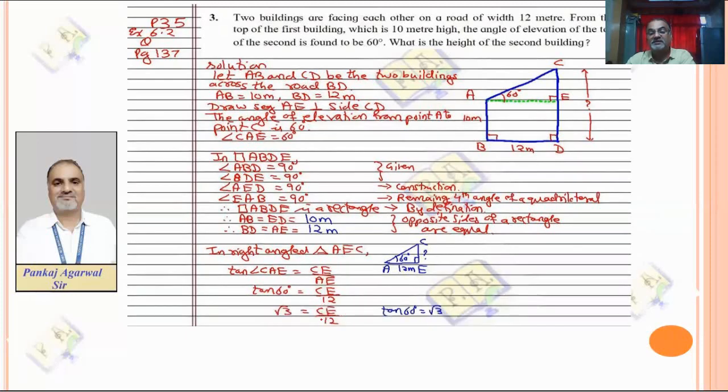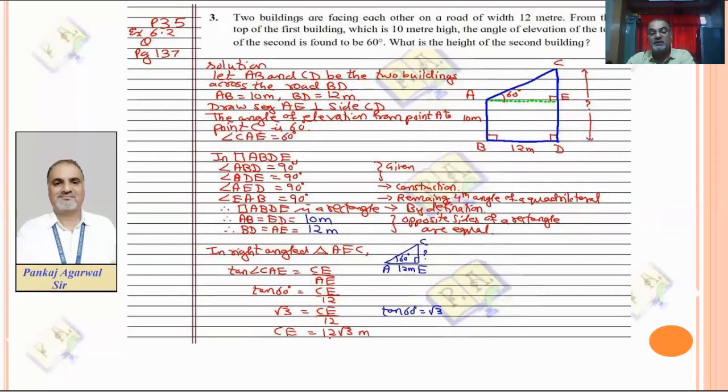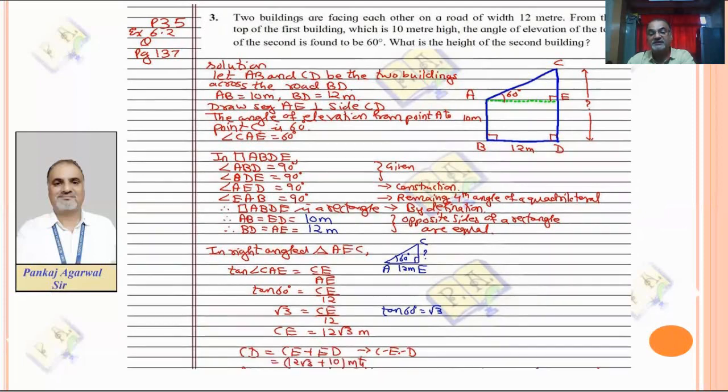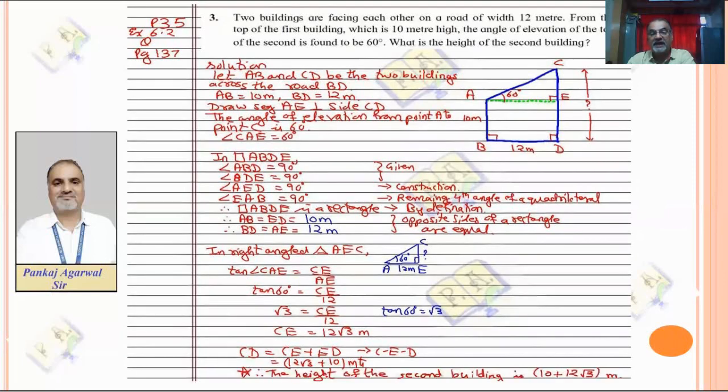Tan 60 degree is root 3. So after calculation, CE is 12 root 3 meter. Value of root 3 is not provided. We'll keep it as it is. Now, what is CD in the figure? CD is CE plus ED, that is 12 root 3 plus 10 meter. The final answer will be the height of the second building is 10 plus 12 root 3 meters.